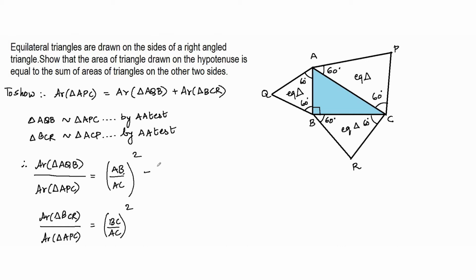So we have these two relations now, and what I'm going to do is add up these two relations. Because I noticed that the denominator is area of triangle APC, it will be very easy to add these fractions.